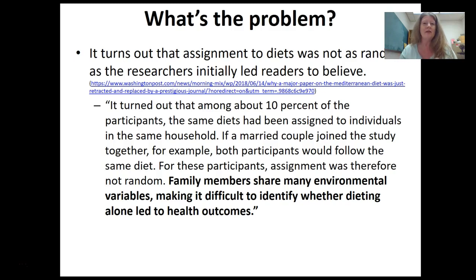So all these other things could be going on that are having an impact on whether there are health issues other than just the diet. If you're in a family and you all are having the same diet, do we really know that it's the diet alone that's leading to the response, or could it be other family issues or environmental issues that are affecting the health issues that you end up seeing or not seeing? I hope that all made sense.